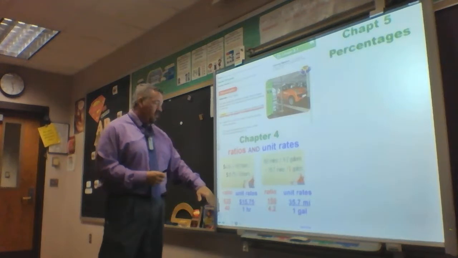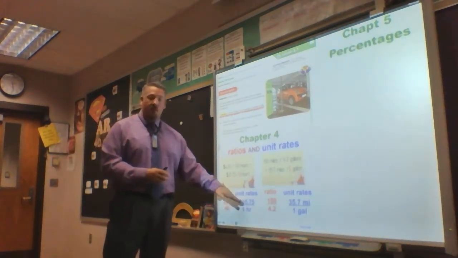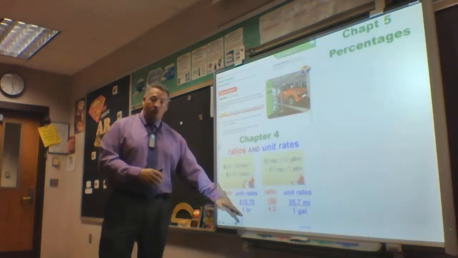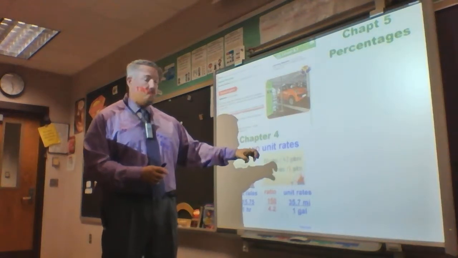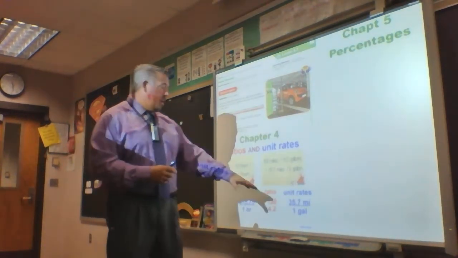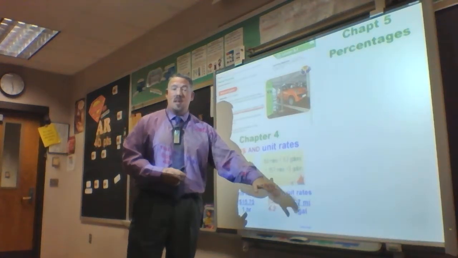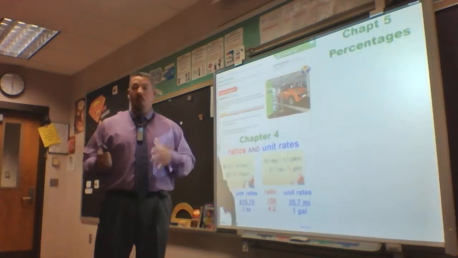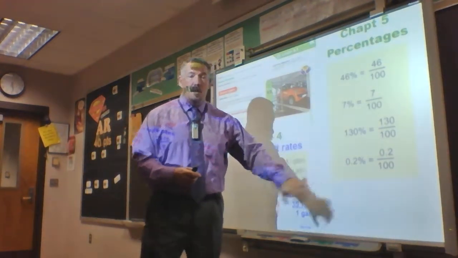So the 630 to 40 does reduce into a unit rate of $15.75, there's that decimal again, per 1 hour. And in this ratio, the 150 miles per 4.2 gallons, it reduces down to a unit rate of 35.7 miles per 1 gallon.